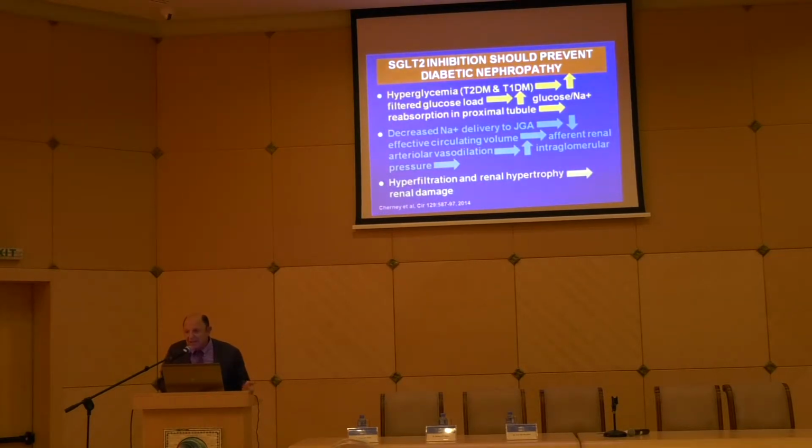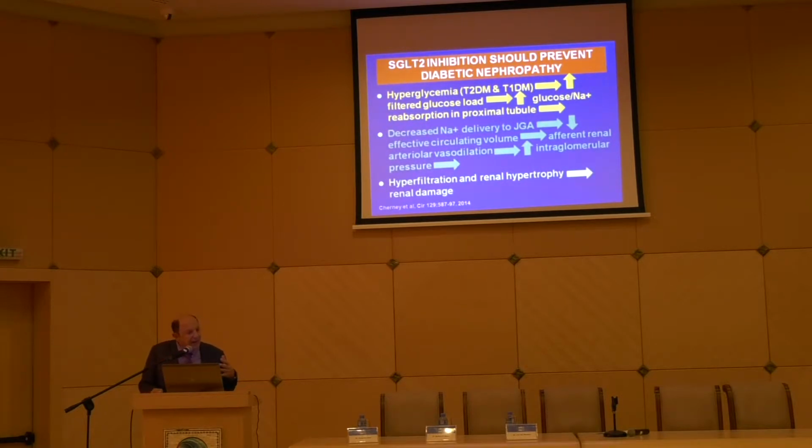So this is the standard theory behind how the ACEs and the ARBs work. When you're hyperglycemic, you filter more glucose, and because you filter more glucose, glucose and sodium are reabsorbed in the proximal tubule. That means less sodium is going to get down to the juxtaglomerular apparatus.